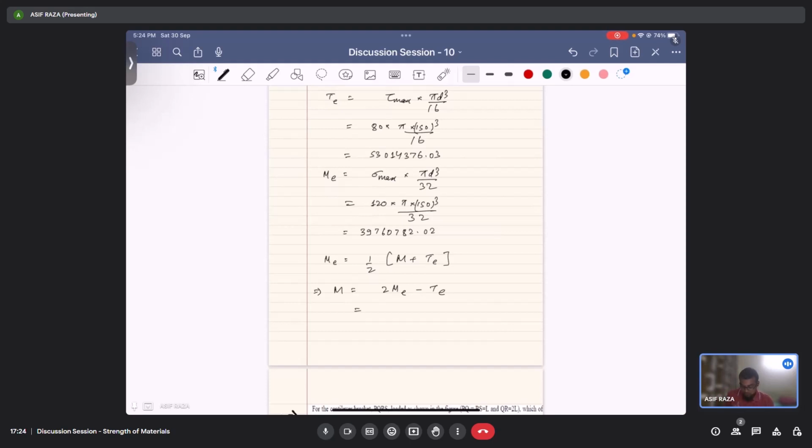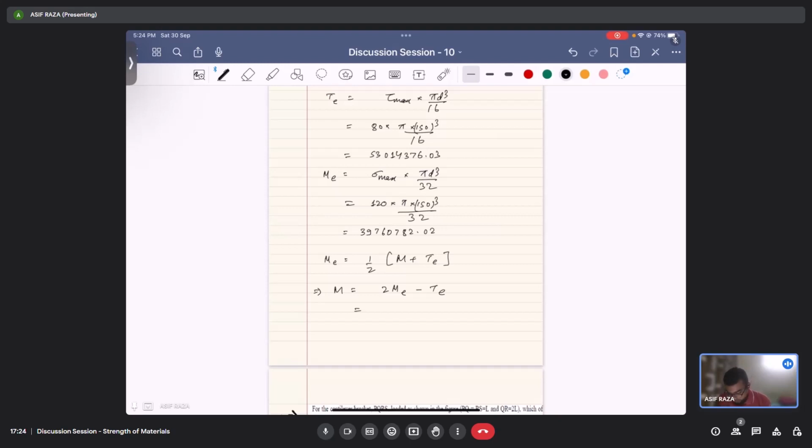We can find it: 39760782.02 times 2 minus 53014376.103.